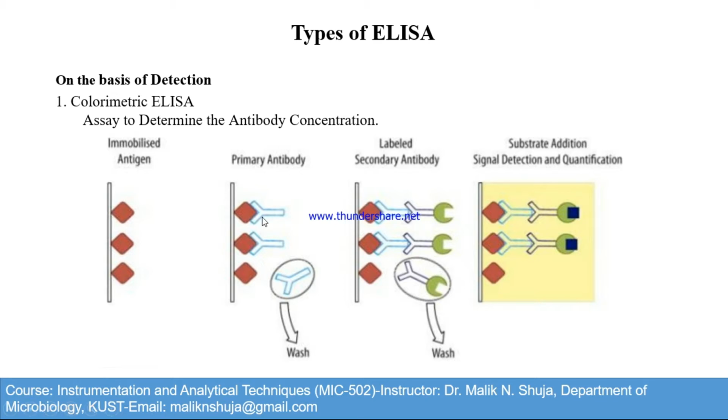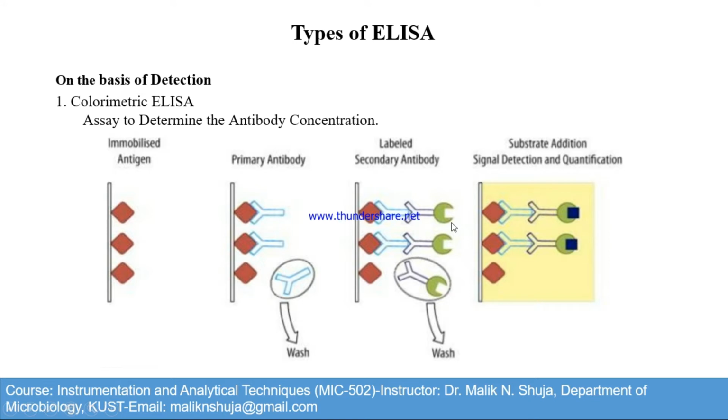Then we apply the primary antibody or capture antibody, which is monoclonal and specifically produced against this type of antigen. Then we apply the secondary antibody, which is modified; in other words, these antibodies are linked with the enzyme.